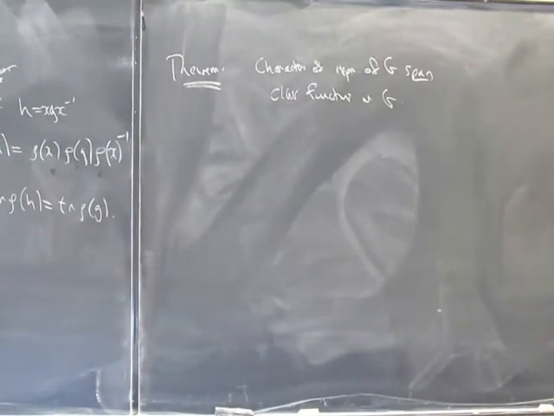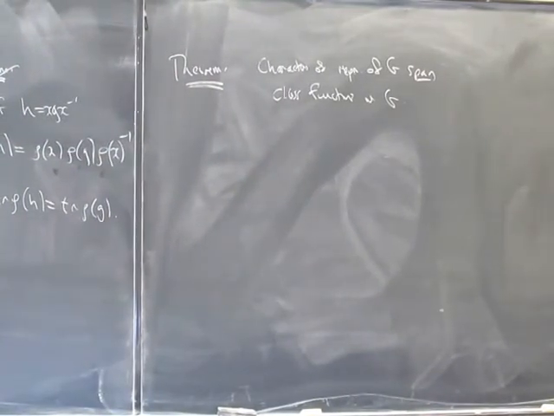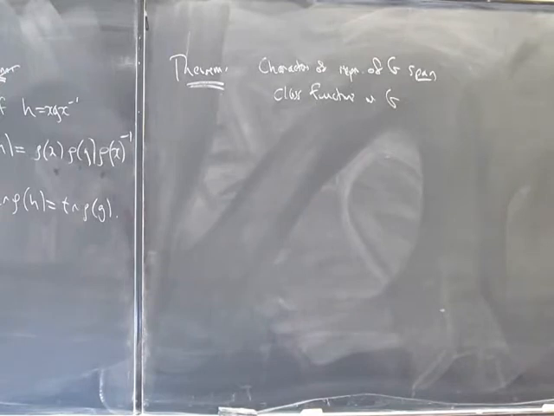We'll refine. We'll get better. So I can look at the vector space of all class functions. If I add two class functions, surely I get a class function. So I can think about that vector space, and in fact, I even know the dimension of that vector space. It is the number of conjugacy classes, right? Because I can take a function that is constant on one class and 0 in every other class, and surely that gives me a basis.